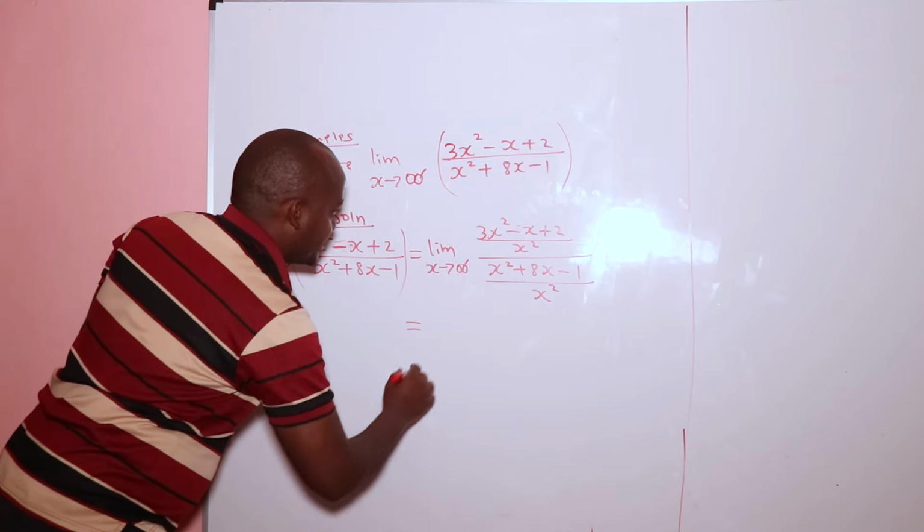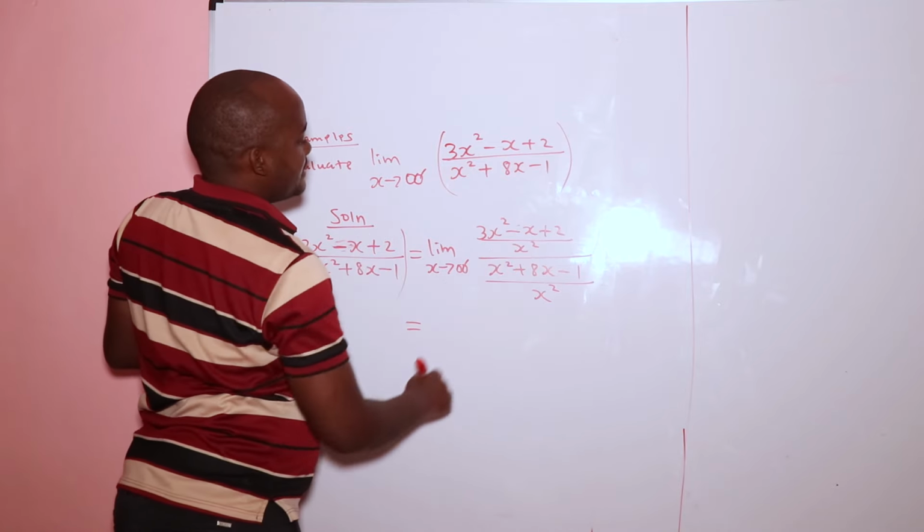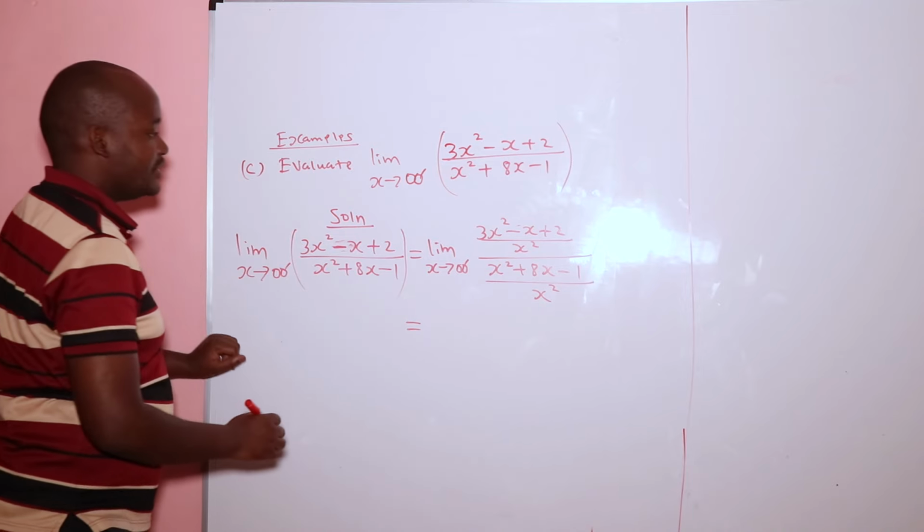So which will give us what? It means that each and every term in the numerator is divided by x squared, as well as the denominator.